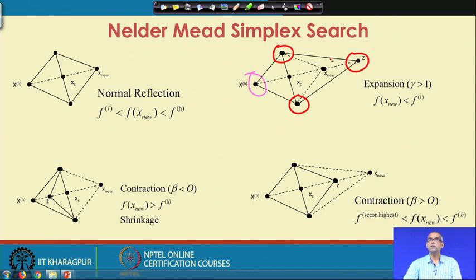How much we expand will depend on a parameter gamma. Why we expand? Because that is the direction in which the function value is decreasing well. So, the simplex is going in a decent direction where the function value is decreasing well. So, after expansion you get the new point z and you replace x h by point z.